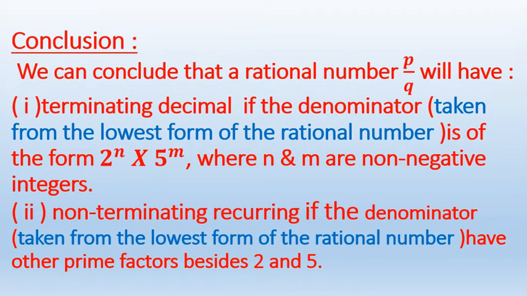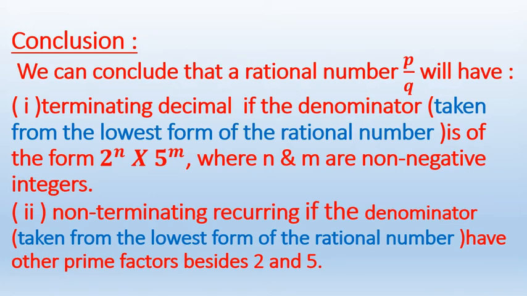From the above discussion, we can conclude that a rational number p by q will have a terminating decimal if the denominator, which we have taken from the lowest form of the rational number, is of the form 2 to the power n multiplied by 5 to the power m. Secondly, it will be non-terminating recurring if the denominator, taken from the lowest form of the rational number, has other prime factors besides 2 and 5.